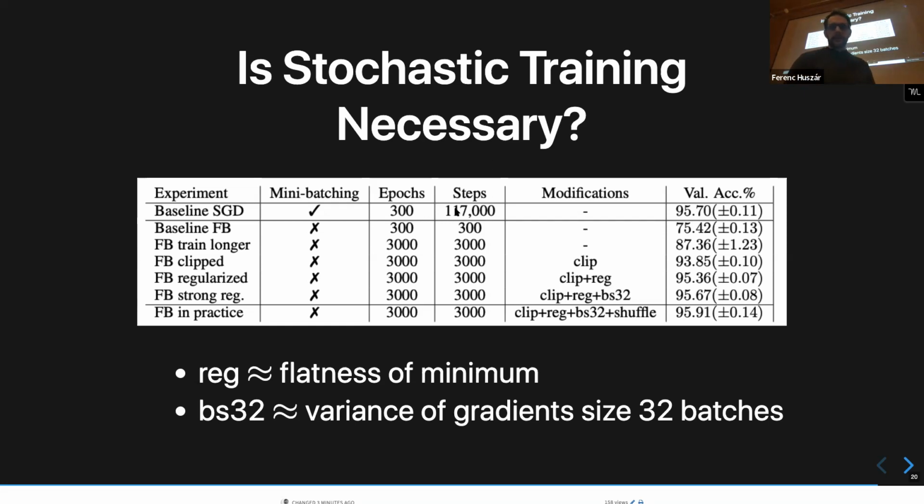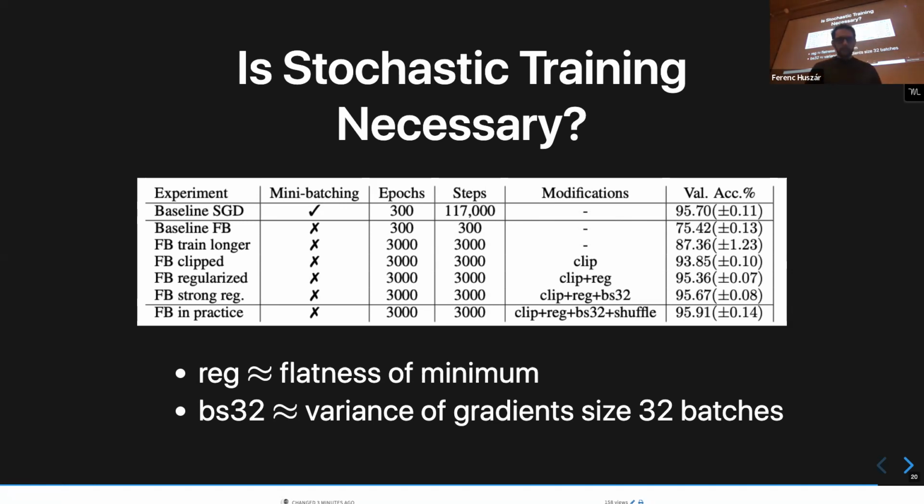And this is the number of gradient steps that you take overall. Obviously, it's much higher than for full batch gradient descent, because you take one gradient step for each mini batch. And that achieves a validation accuracy, which is like the test performance, of 95.7%.